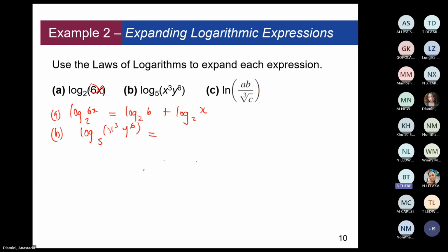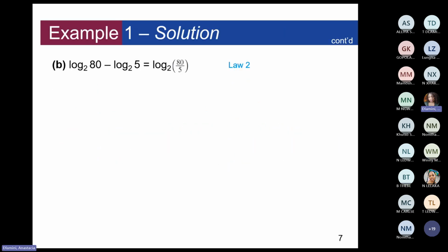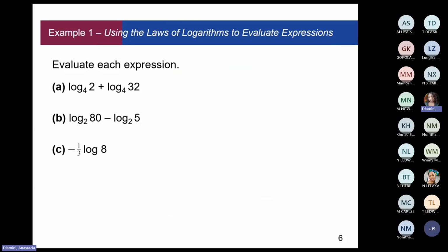Log base 5 of x to the power of 3 plus log base 5 of y to the power of 6. And then, am I done? No, you bring the exponents to the front, which is this one over here.